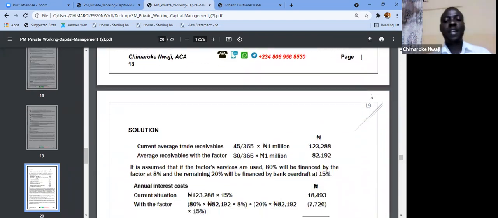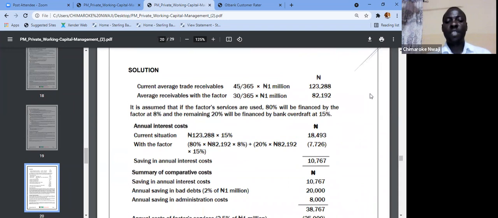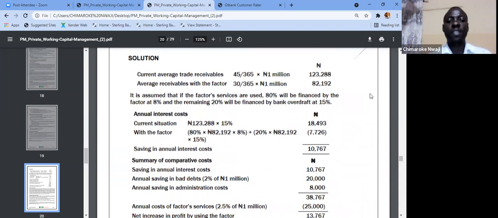Now look at it here. Without the debt factor service, current average trade receivables is 45 days out of 365. If 1 million naira is your credit sales, that means receivables is 123,288.